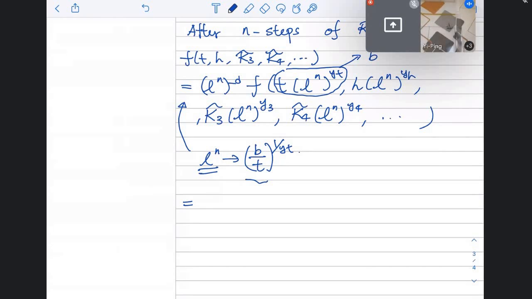So basically, we will get t divided by b, because there's a minus sign here, to the power d divided by yt.